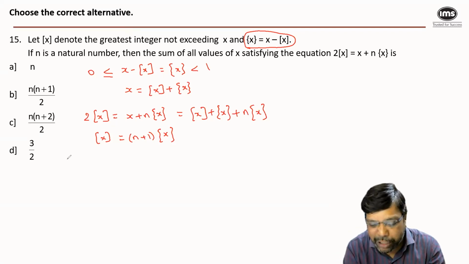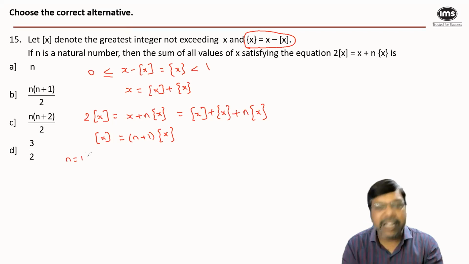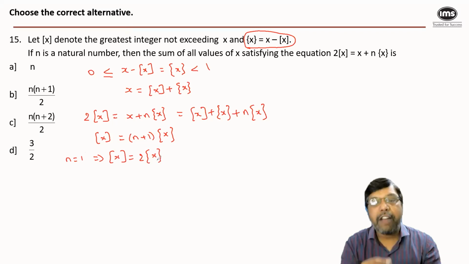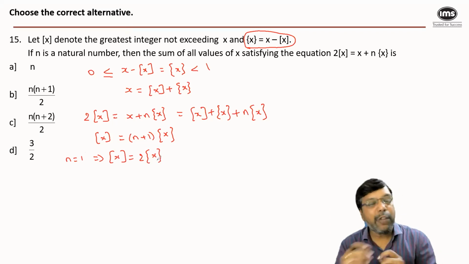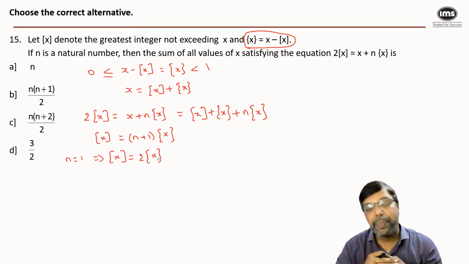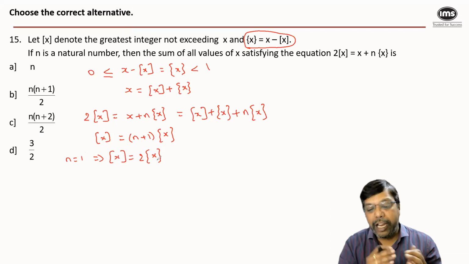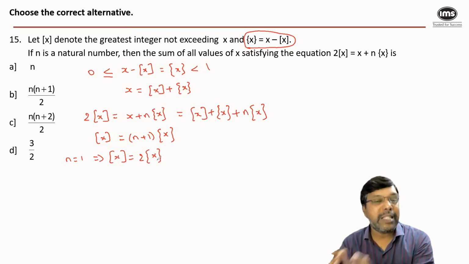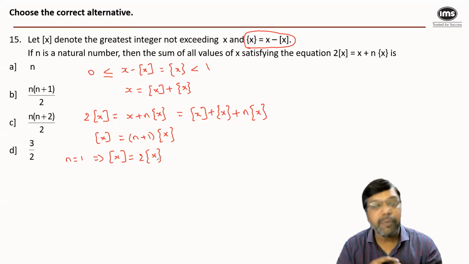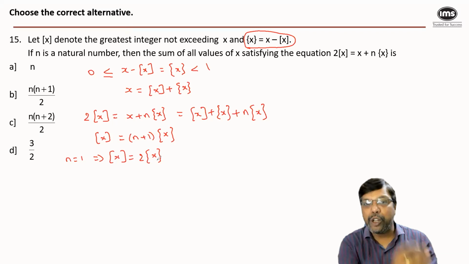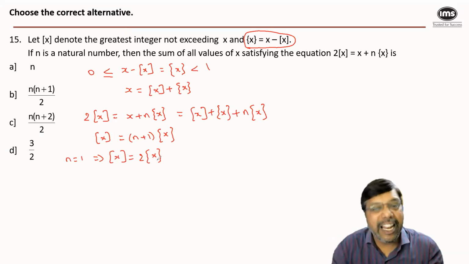Now, since n is a natural number, let me start by considering n is equal to 1. Then the greatest integer x becomes equal to 2 into fractional x. Now, this is a very important point to understand. Greatest integer x is always an integer. So 2 into fractional x must be an integer, which is possible only when fractional x is equal to 1 by 2, so that 2 into 1 by 2 will result in an integer.